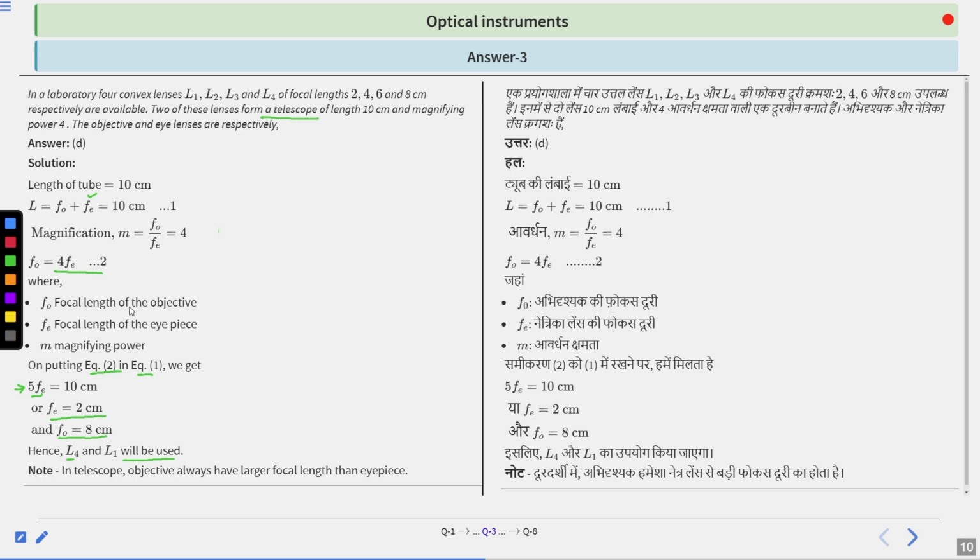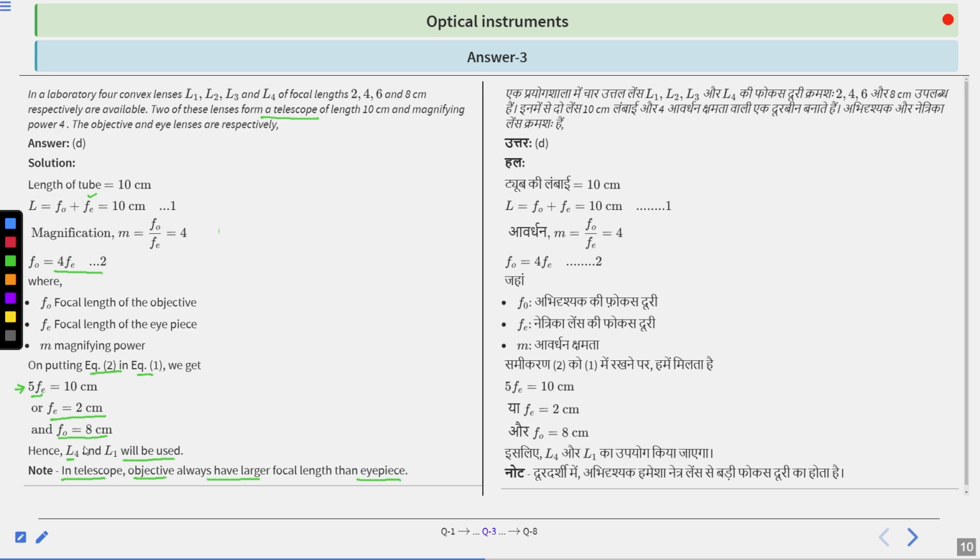Here, an important point: in a telescope, the objective always has a larger focal length than the eyepiece. Means the focal length of the objective lens is always greater than the focal length of the eyepiece. Clear? And that is the important point.